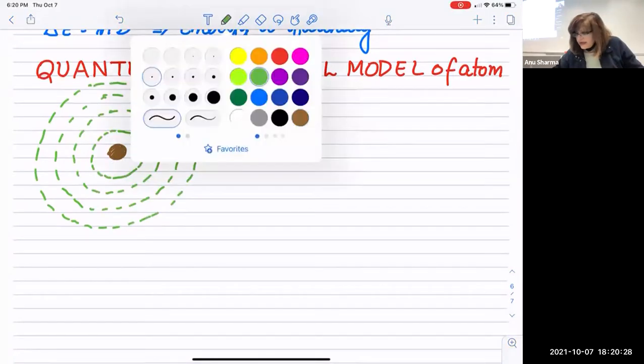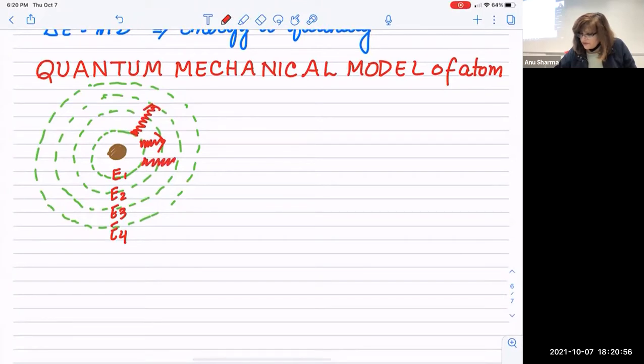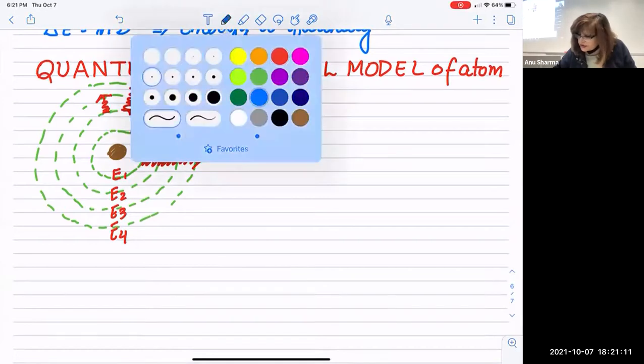Now, remember that electrons in the energy levels can jump from a lower energy level to a higher energy level, from E1 to E2, or E1 to E3, or E1 to E4, or E2 to E4, or E2 to E3, all these.